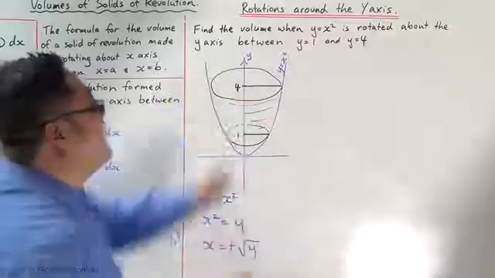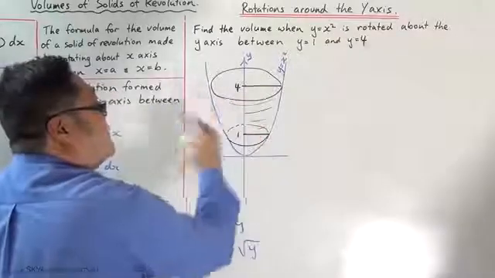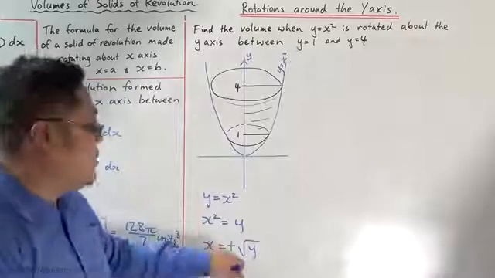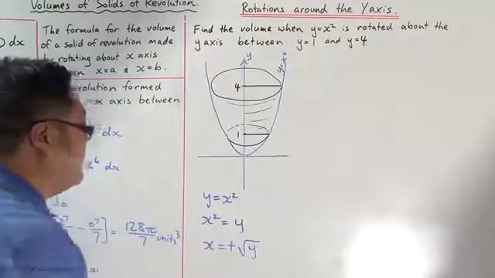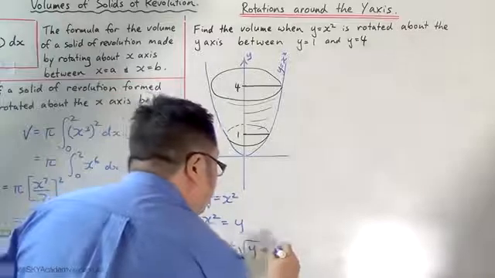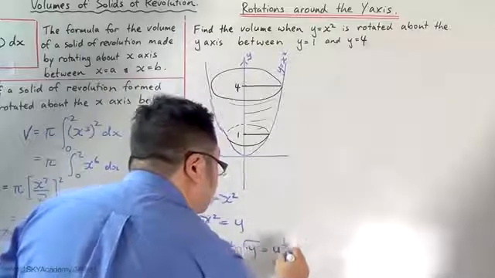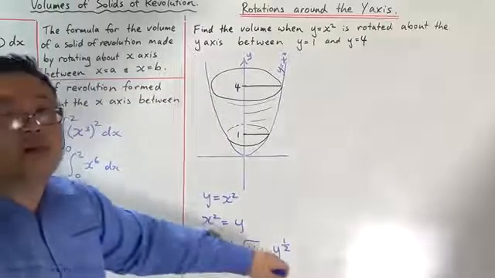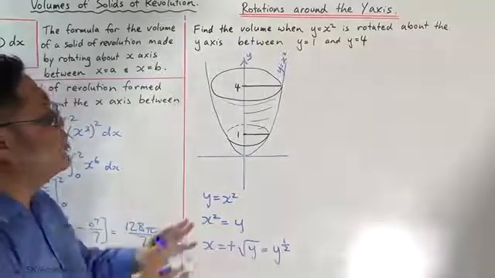But we're rotating the positive arm around the y-axis, so let's use the positive. And in fact, I will probably label it like this, y to the power of a half. Good. So let's work this out.